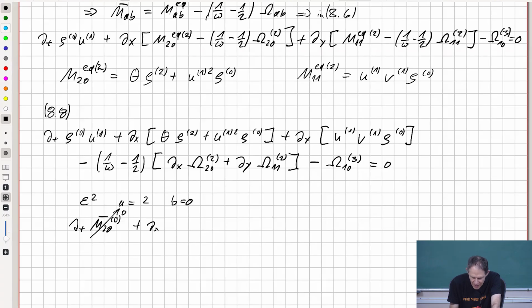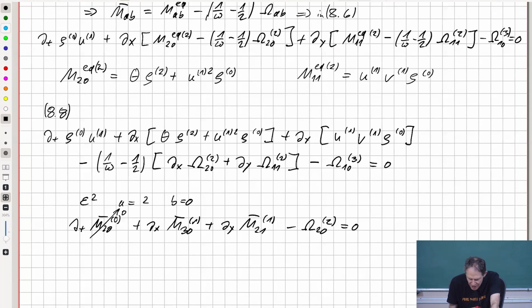Then plus dx m30 to first order plus dy m what? What indices? 2, 1. And here again to first order minus omega 20 to second order is equal to 0.